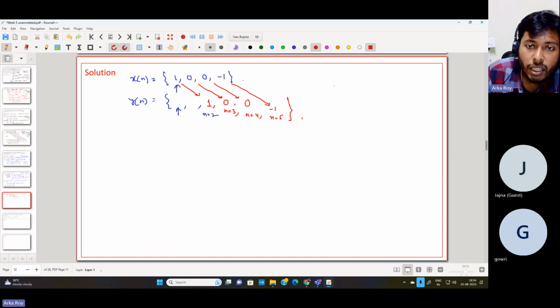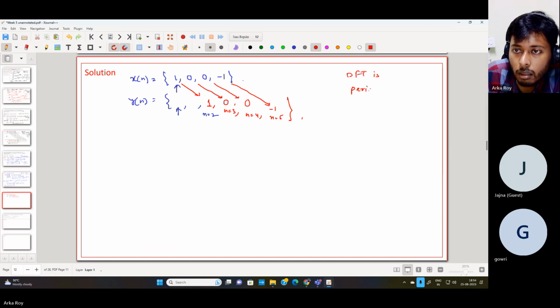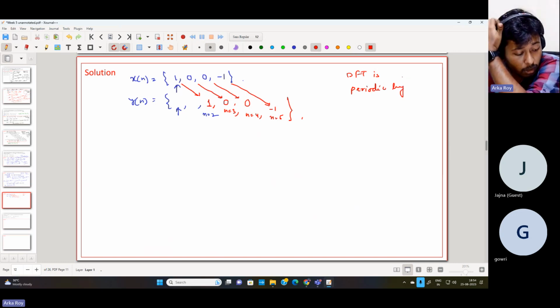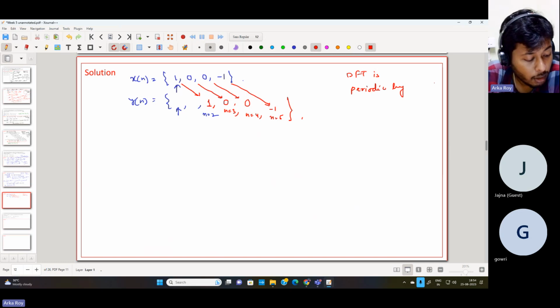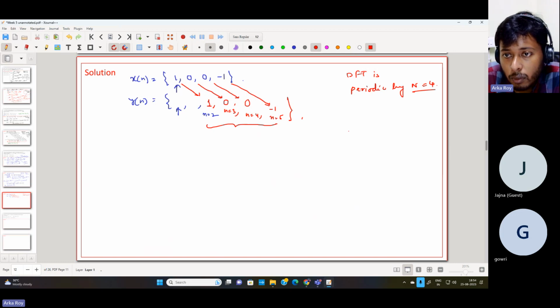Okay, so we know that the DFT is periodic by N. So here N is equal to 4. So that means this is the period. So I can draw the sequence also.